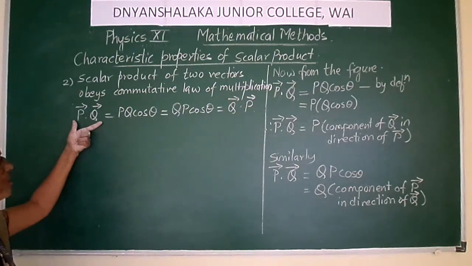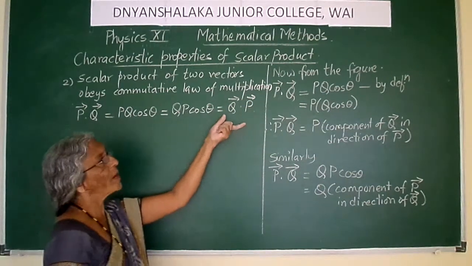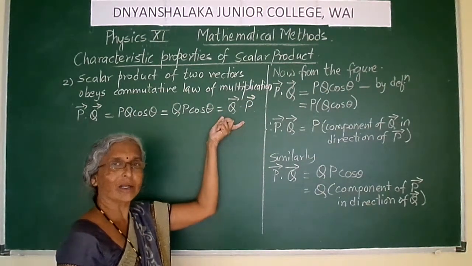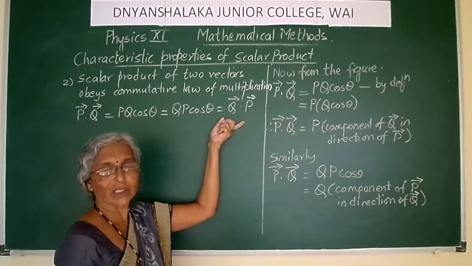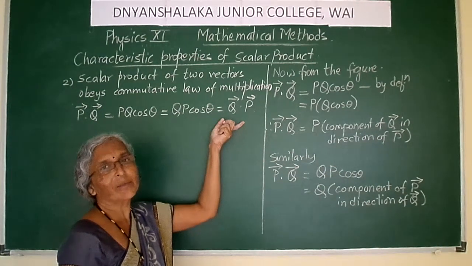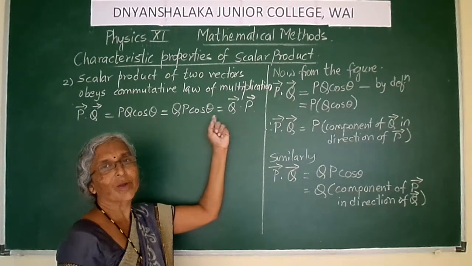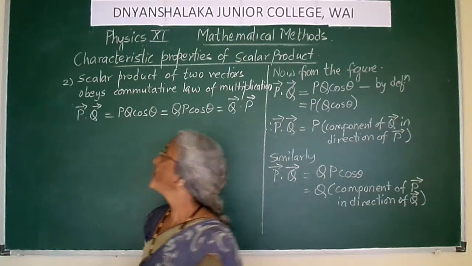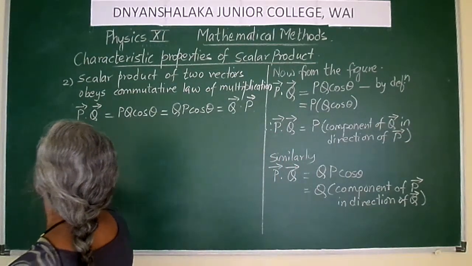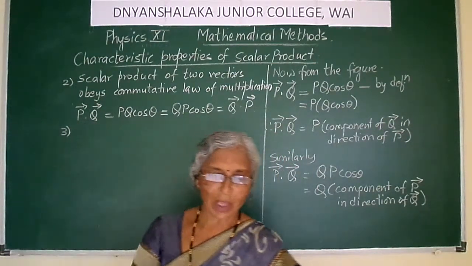Vector p dot vector q is equal to vector q dot vector p. 2 into 3 is equal to 3 into 2, in the same way vector p dot vector q is equal to vector q dot vector p. Getting it?